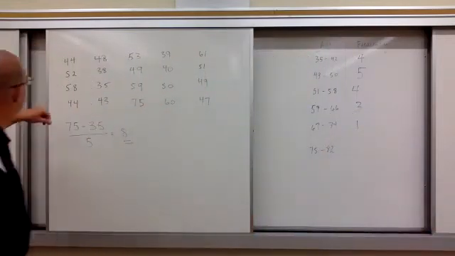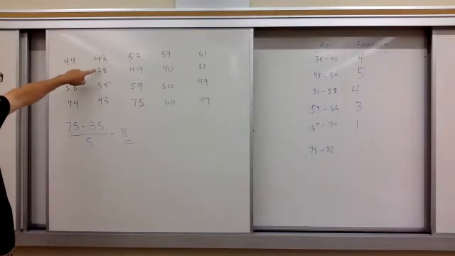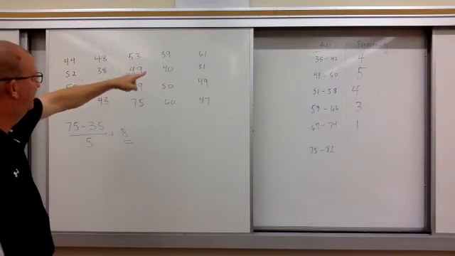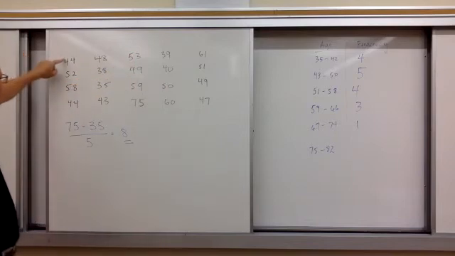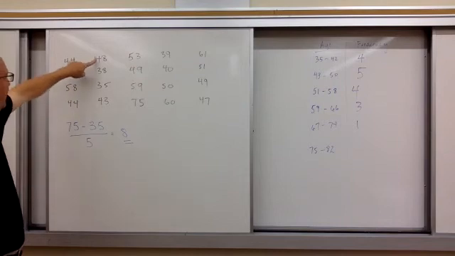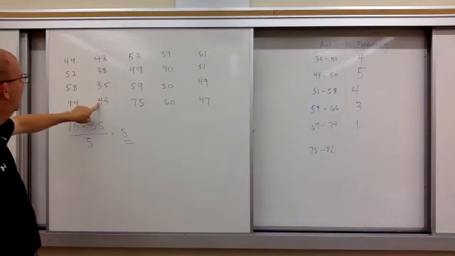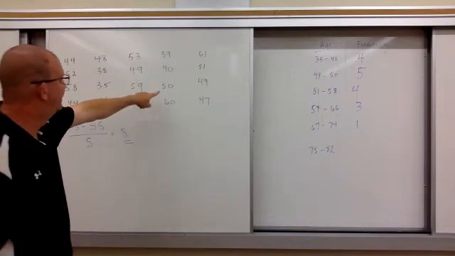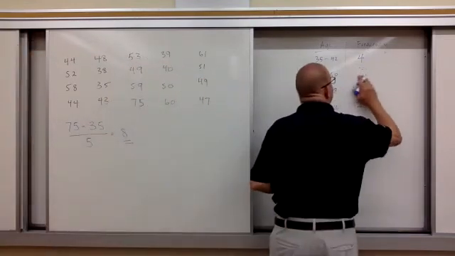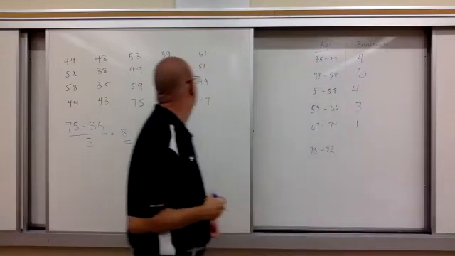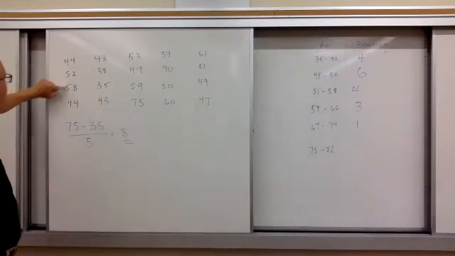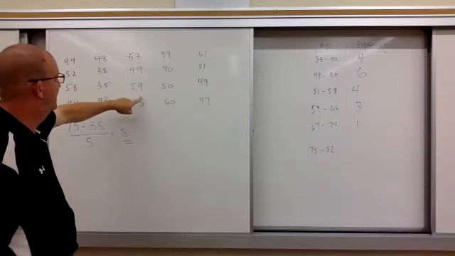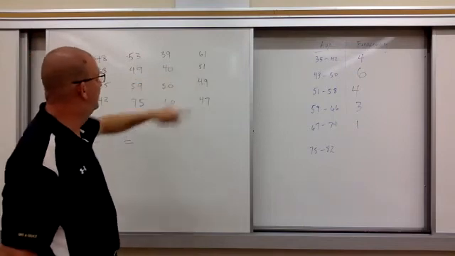35 to 42. That's 1, 2, 3, 4. 43 to 50, 1, 2, 3, 4, 5, 6. So there's 6. That one should be 6. 51 to 58, 1, 2, 3, 4.